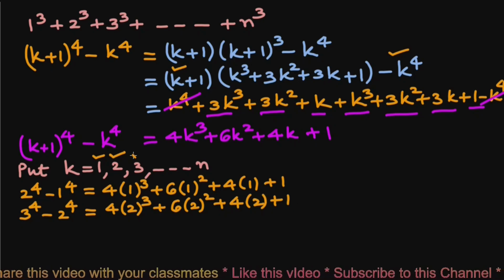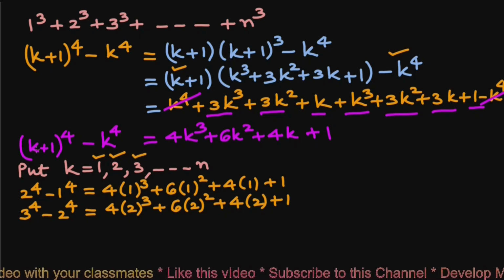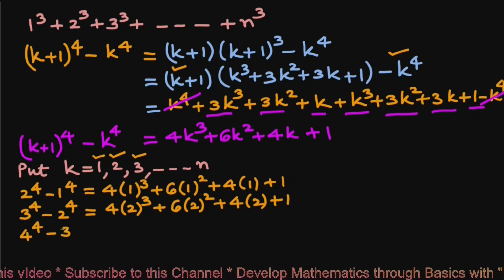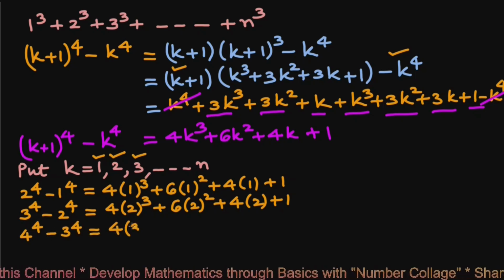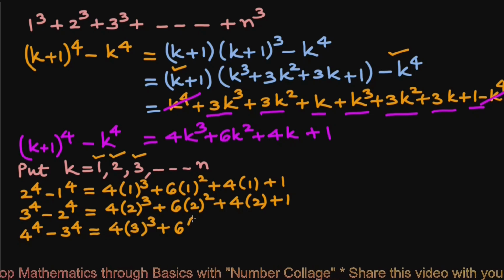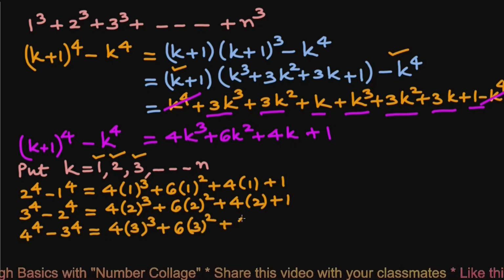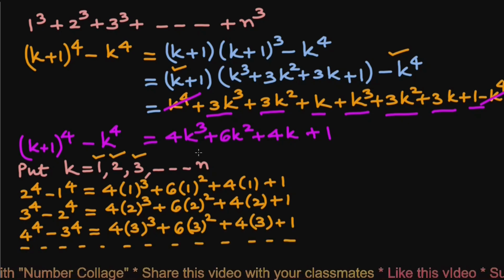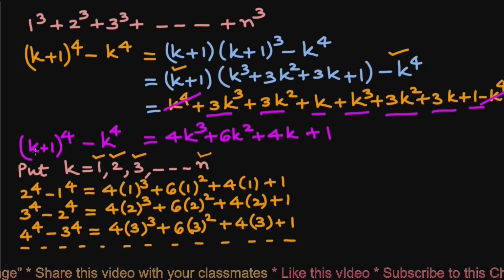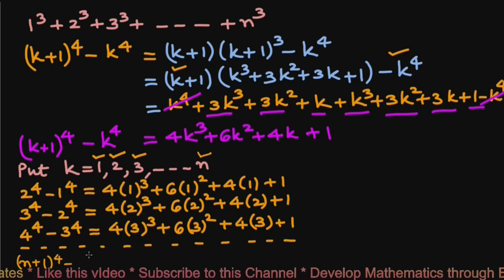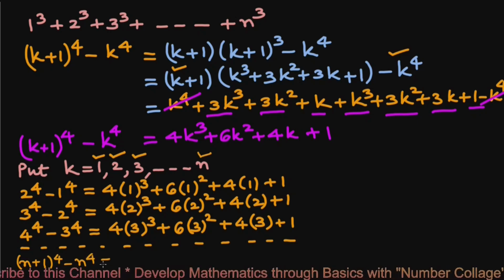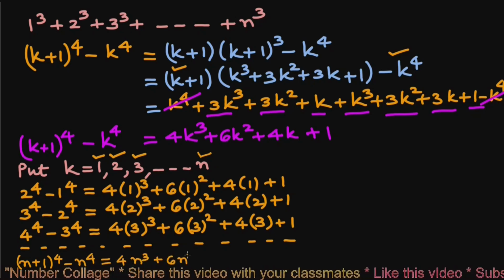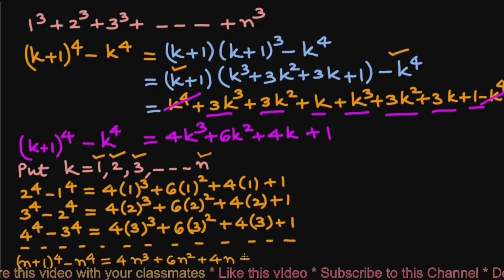Then for k equals 3, we write 3 plus 1, 4 power 4 minus 3 power 4 equals 4 times 3 cube plus 6 times 3 squared plus 4 into 3 plus 1, so and so forth. For k equals n, it will be n plus 1 power 4 minus n power 4 equals 4 times n cube plus 6n squared plus 4n plus 1.